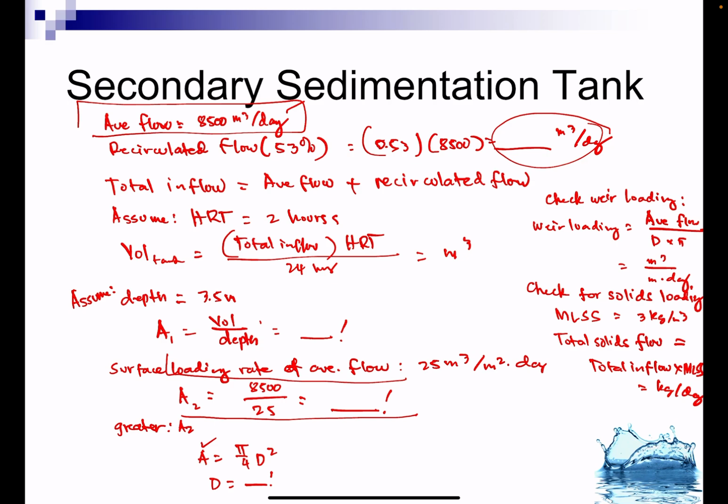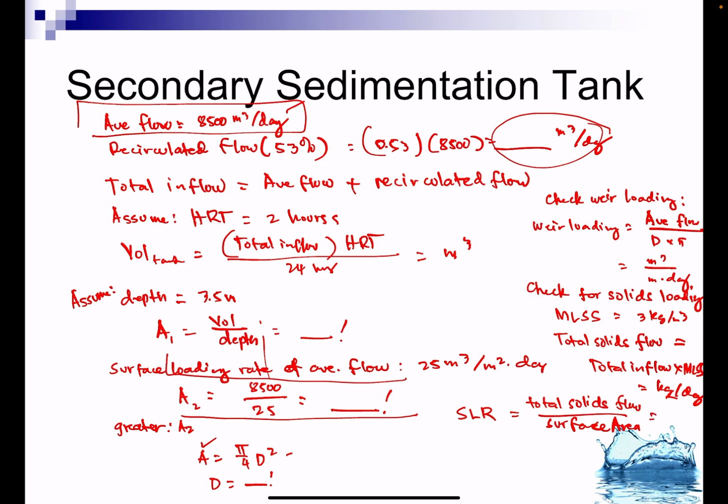Once you know your total solids flow, you get your SLR or solids loading rate, which is the total solids flow divided by the surface area. Since the total solids flow is in kilogram per day, it is divided by the surface area in meter squared.